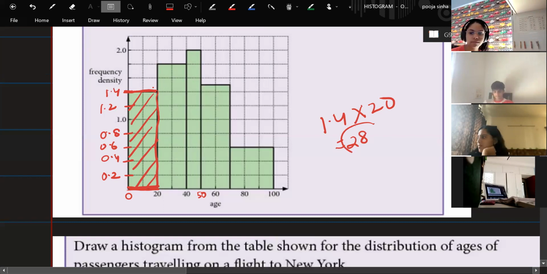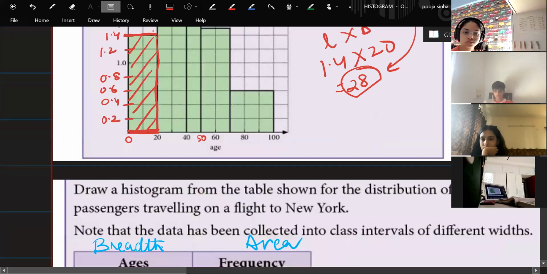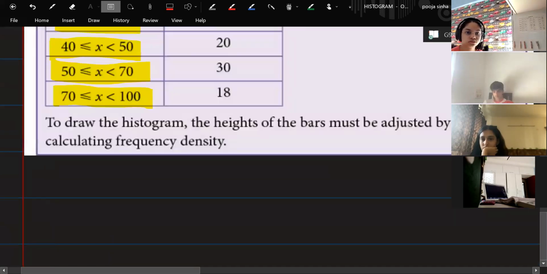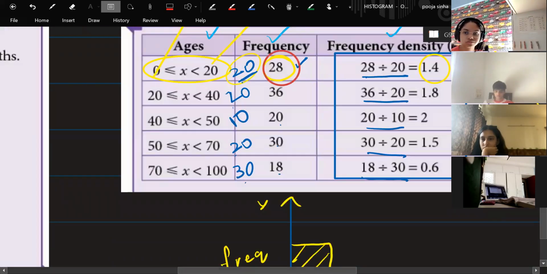And ideally it should be equal to the frequency. I have just done length multiplied by breadth. I should get the area, and that area is nothing but the frequency. Isn't the area 28? So everything is there in the table and everything is also there in the graph.